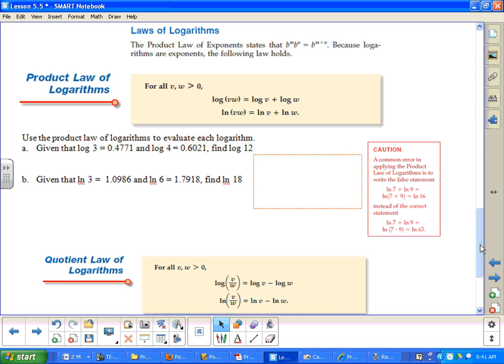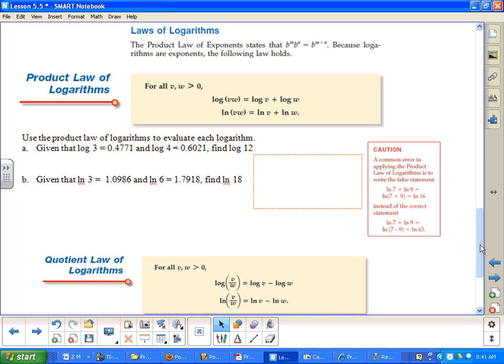So the log of VW is equal to the log of V plus the log of W. The natural log of VW equals the natural log of V plus the natural log of W. And if you had 3 things multiplied, you would add the logs of all 3, or 4, or whatever. It doesn't matter how many of them you have.